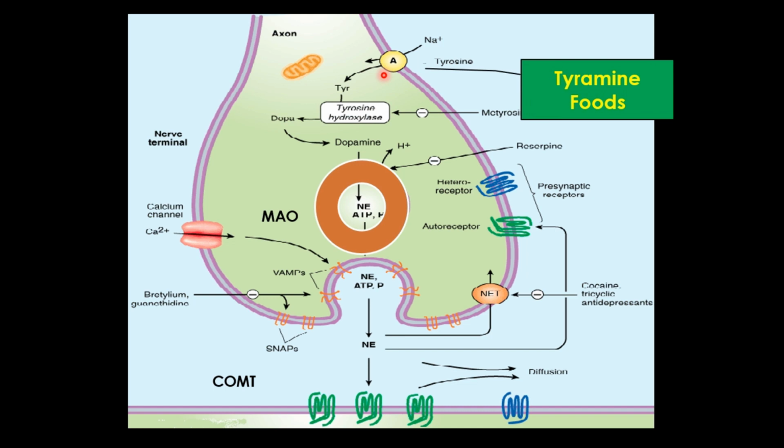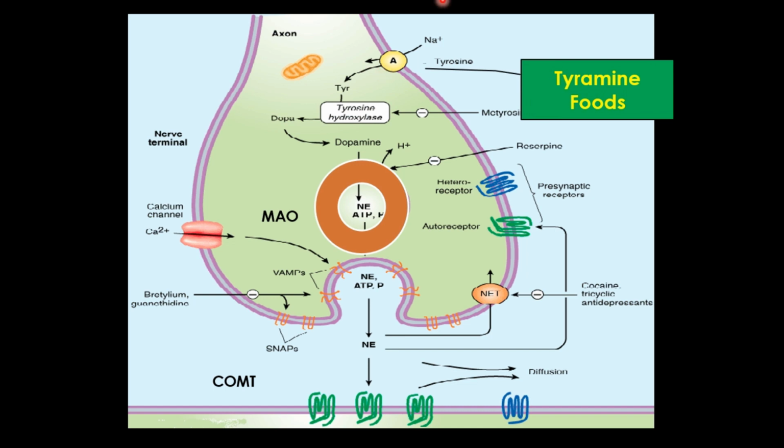It has a food-drug interaction that we will discuss in coming sessions. Then summer sausages, soya beans, beans, peas, and banana. Banana is a good source of tyramine and is at the top of the tyramine-containing foods. Alcoholic beverages like wine are a very good source of tyramine. Chicken liver is also a good source of tyramine.